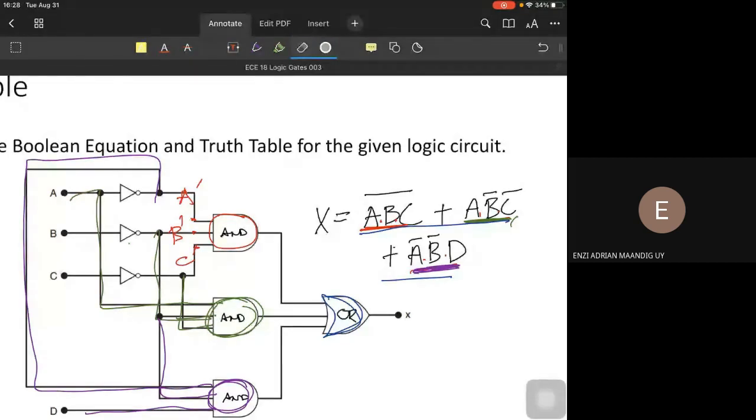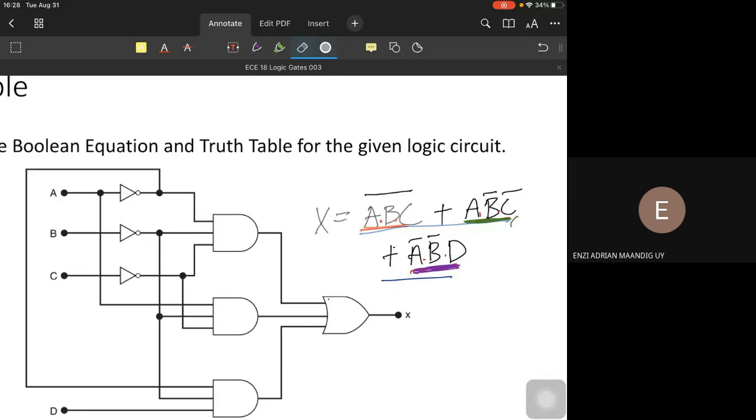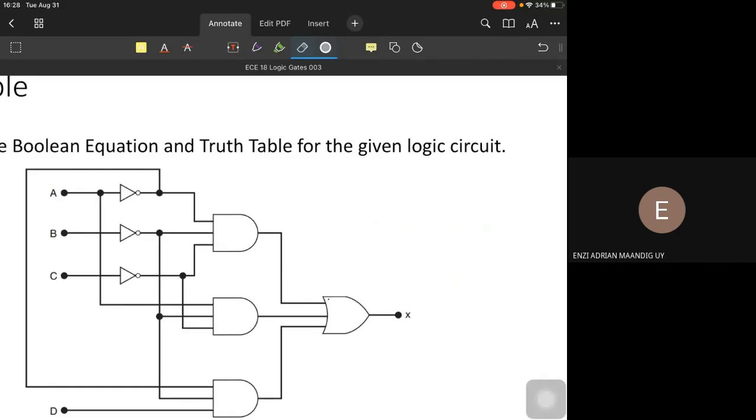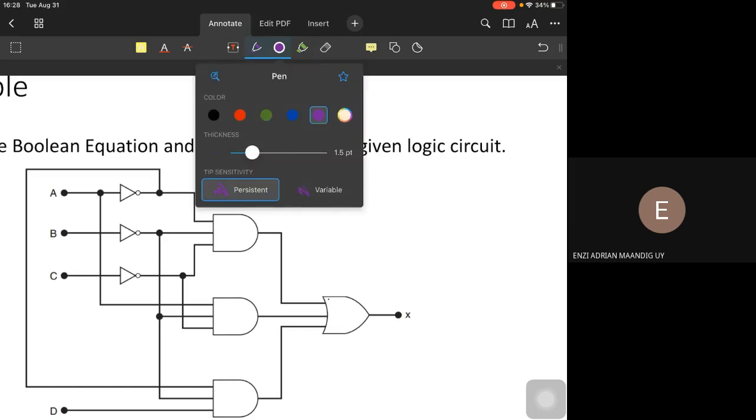Relatively easy and understandable pa man, di ba? Ang pag-map sa Boolean equation gikan sa truth table, gikan sa logic gate circuit. Ang sa truth table, yeah, honestly, as of this time, wala pa gid tay choice.